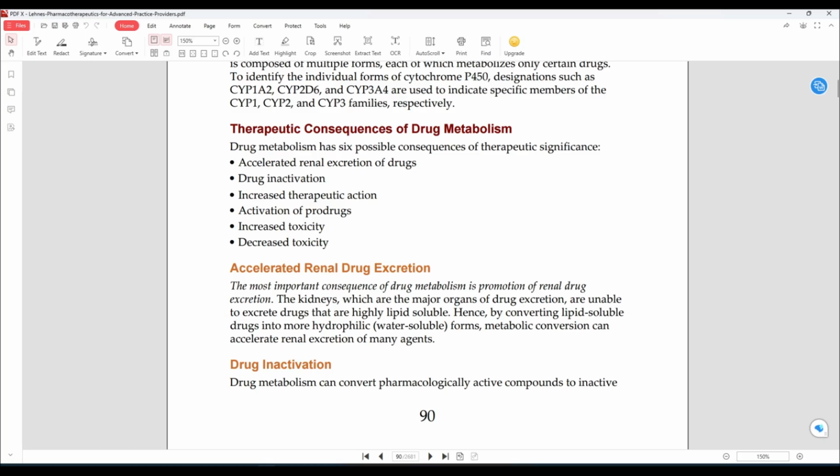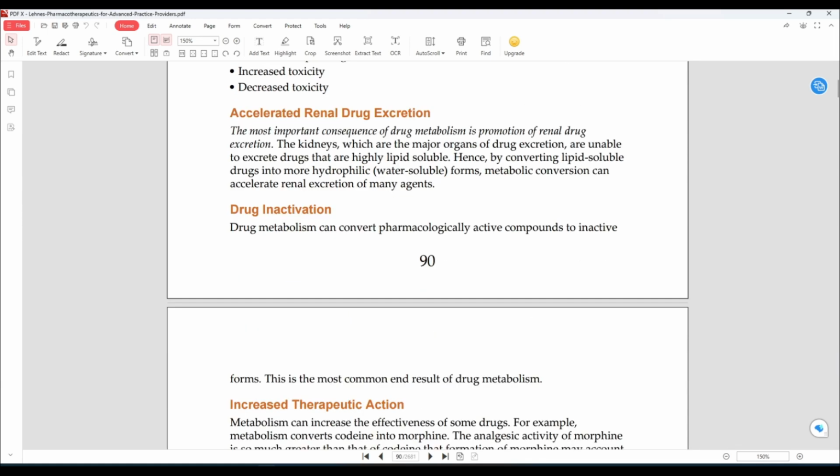The most important consequence of drug metabolism is promotion of renal drug excretion. The kidneys, which are the major organs of drug excretion, are unable to excrete drugs that are highly lipid soluble. Hence, by converting lipid soluble drugs into a more hydrophilic or water soluble form, metabolic conversion can accelerate renal excretion of many agents.